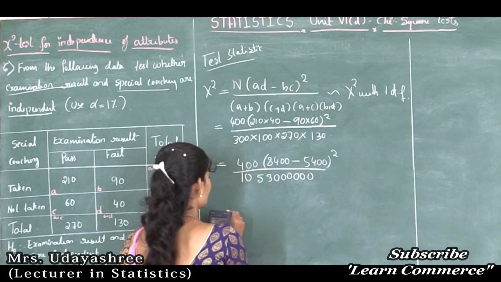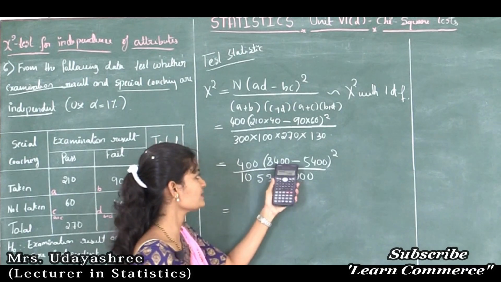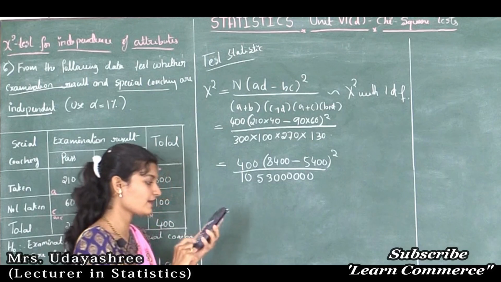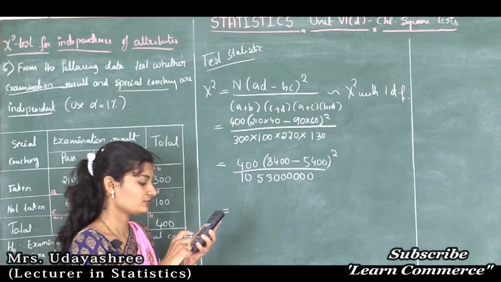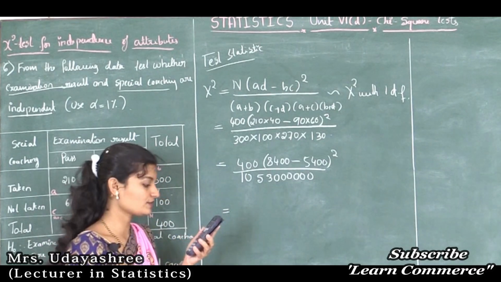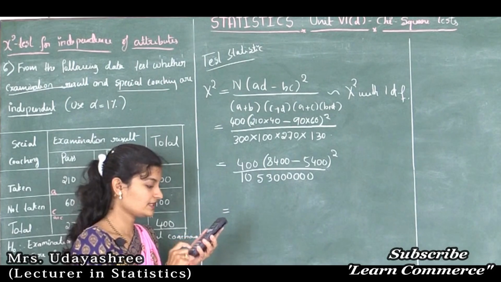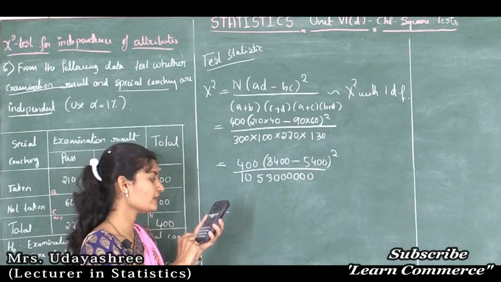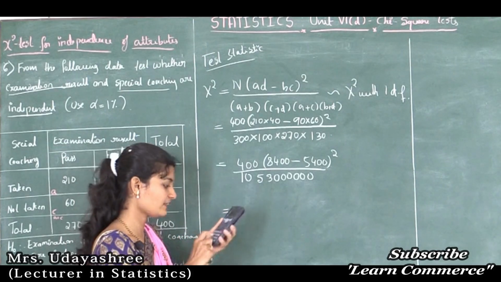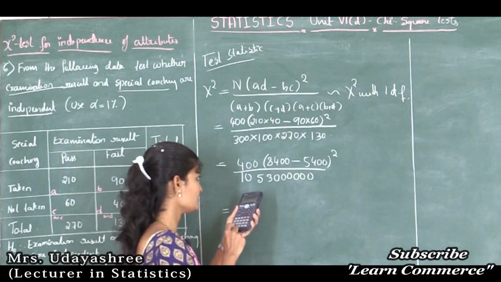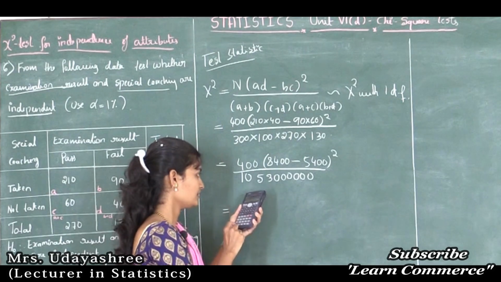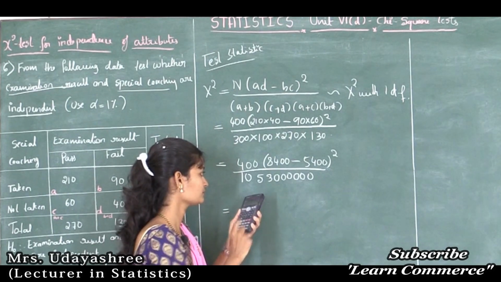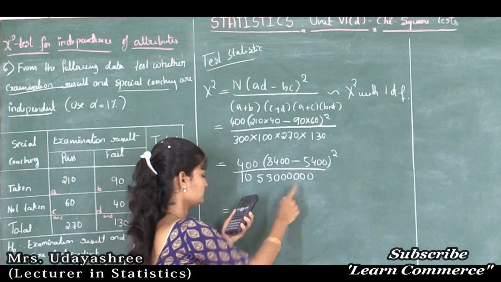First 8400 minus 5400 is 3000. So 3000 square, into 400, divided by 1053000000.